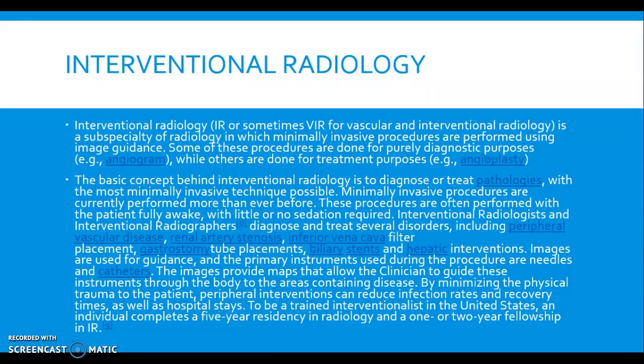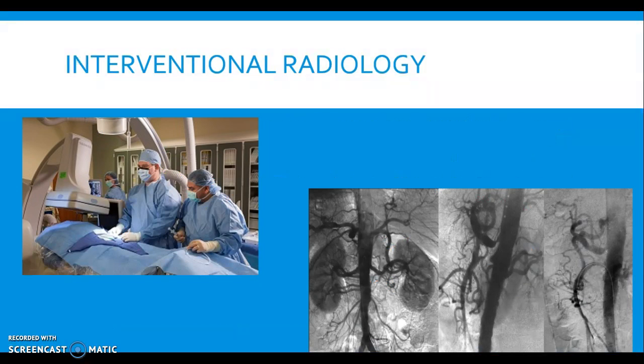Interventional radiology maps and allows the clinician to guide these instruments through the body to the areas that contain the disease, and we're using radiation, and we don't have to cut the patient open. The images on the left are a team of interventional radiology.